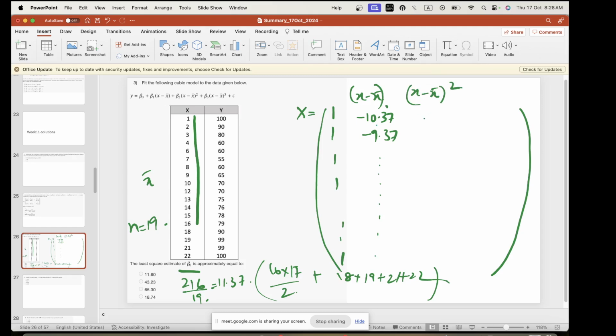In the third column, we have to input x minus x bar whole cube. Now once we have this, the X matrix is ready. We are going to find X transpose X, then X transpose X inverse, and then we'll multiply X transpose X inverse with X transpose y, where X is this model matrix. And if we do that, we'll land up at, I think, option C.